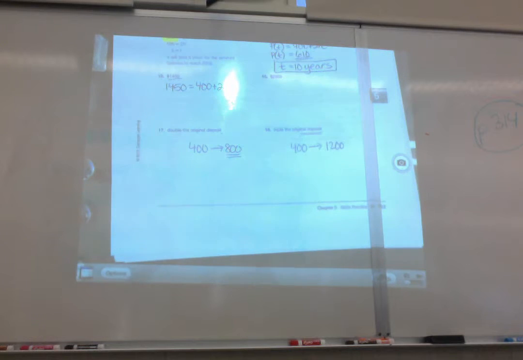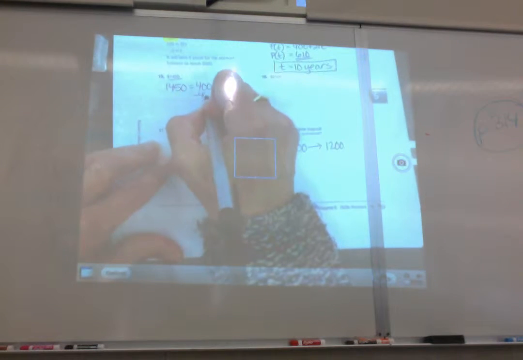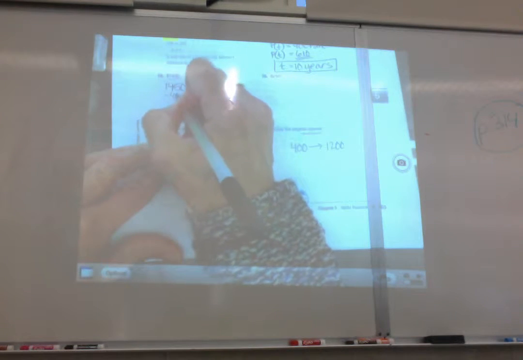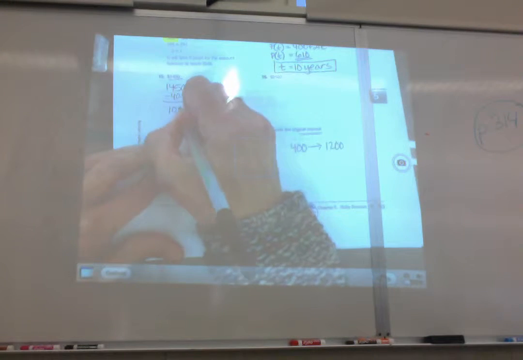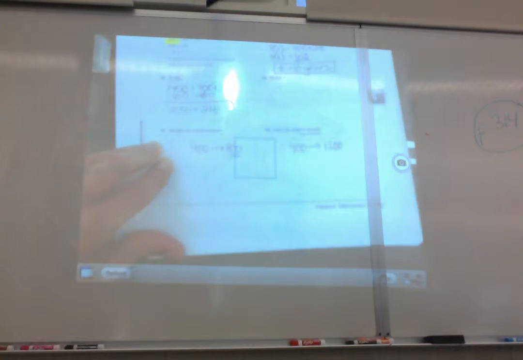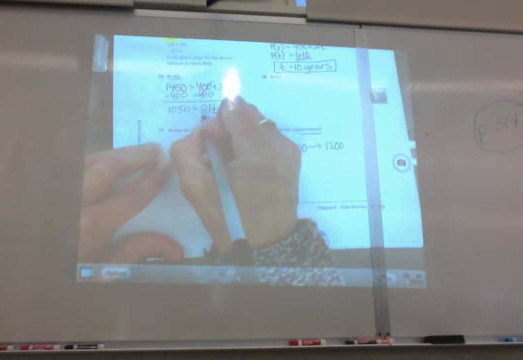The first thing that you do to solve this is you need to subtract 400 from both sides. You're trying to get t by itself. 1050 equals 21t. Then what do I need to do to get t by itself? Divide by 21.